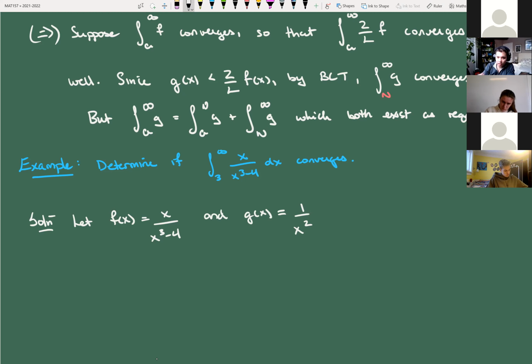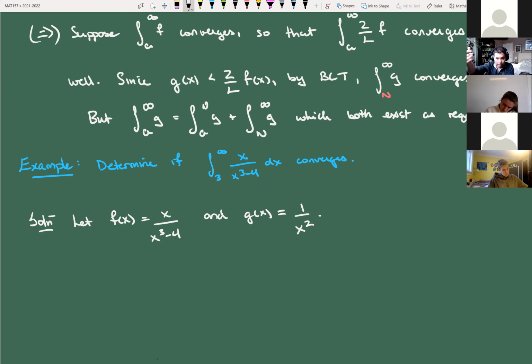Which are the things that are going to be the biggest, the things which are most restrictive to you converging to 0? And so certainly the 4 is not a contributing factor, right? Okay, so this is our function f and g.